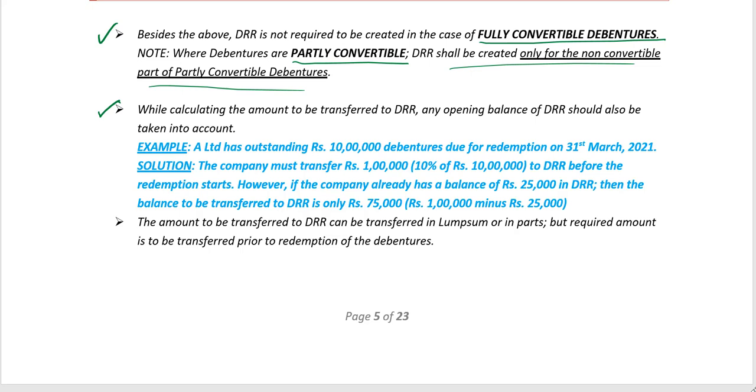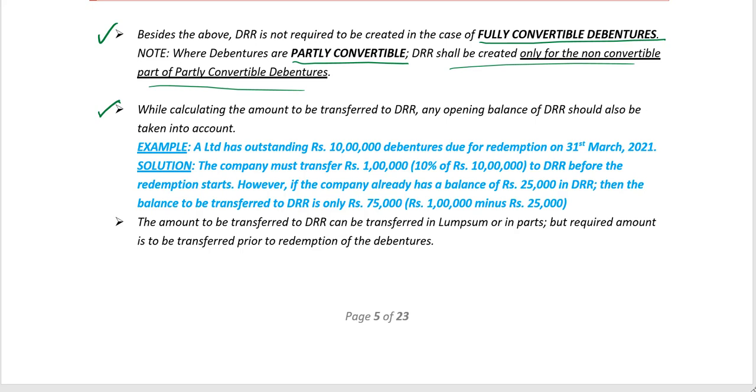Now, while calculating the amount to be transferred to debenture redemption reserve, any opening balance of DRR should also be taken into account. We will understand this with the help of an example. Let's say A Limited has outstanding rupees 10 lakh debentures due for redemption on 31st March 2021. So the company must transfer rupees 1 lakh, which is 10% of rupees 10 lakh face value, to DRR before the redemption starts.